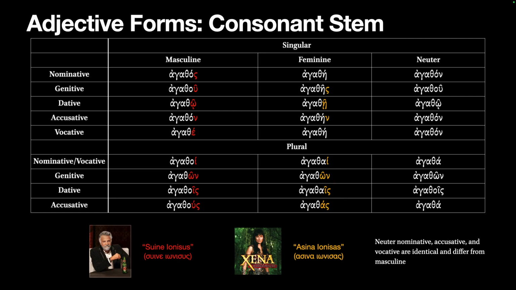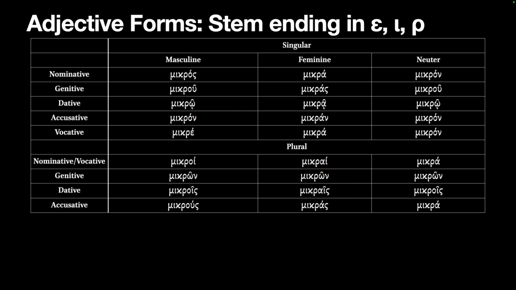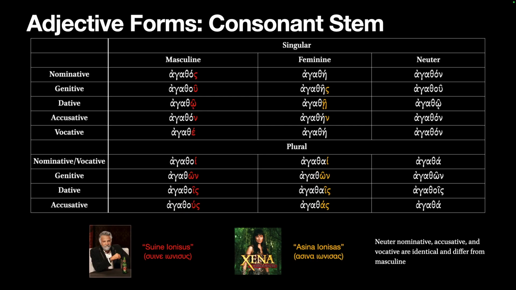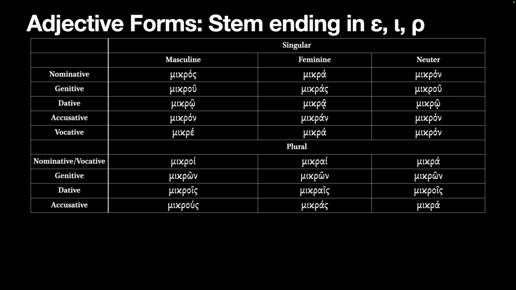So once again, our mnemonics are going to be our friends with respect to these endings. Also notice that our neuter in the nominative and the accusative are exactly the same as one another in both the singular and the plural, and they look different from the masculine. That rule holds for adjectives just as it does for nouns and also for the definite article.